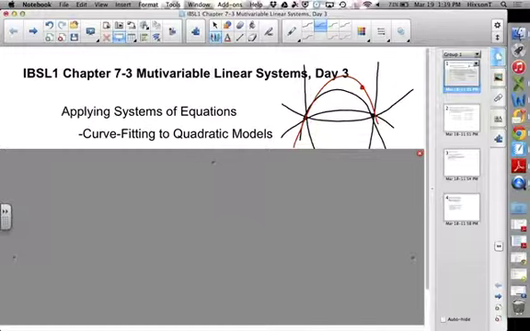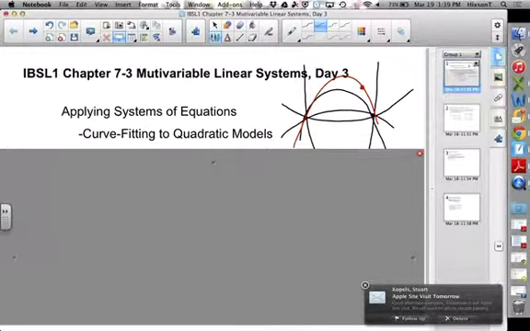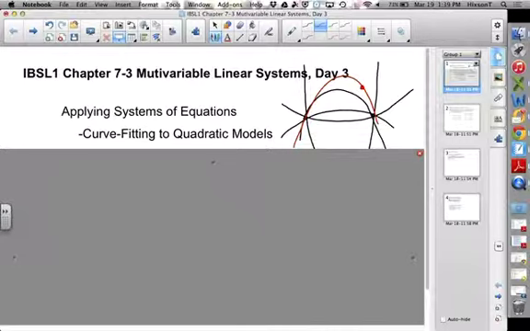Now, this doesn't just work for parabolas, although that's going to be our primary application. The idea is this: when you're given any kind of a polynomial model, or even if it's not a polynomial, and a certain number of points, you can use those points to help you write a system of equations and then solve it in order to get the equation of the entire model.